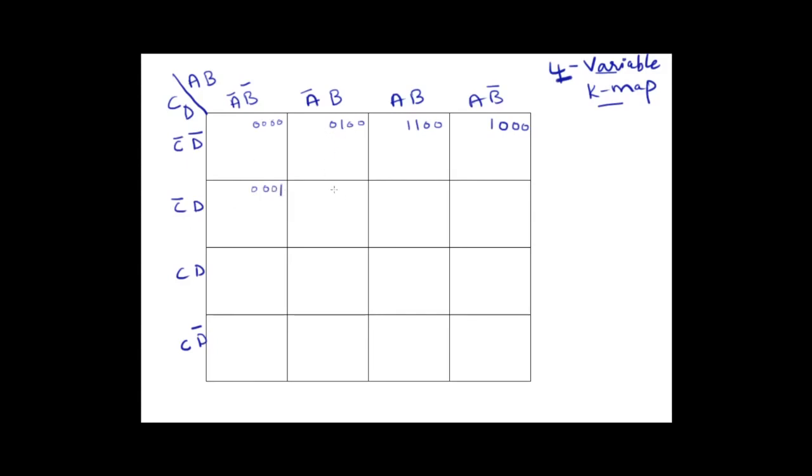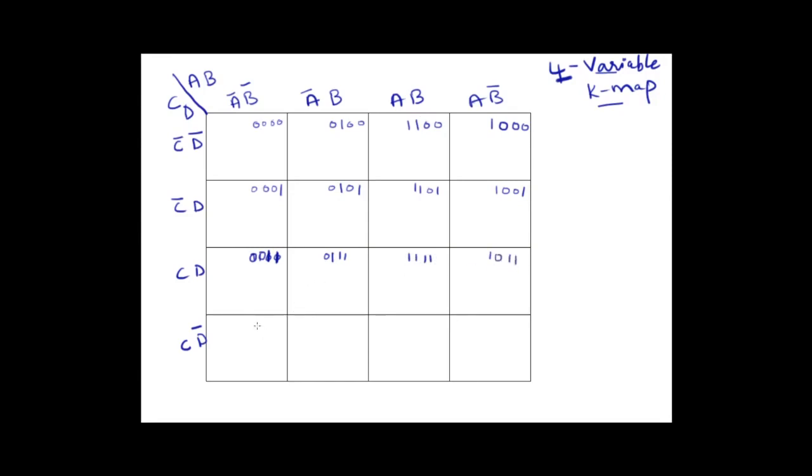A bar B means 0 1, C bar D, 0 1 0 1. This is 1 1 0 1. This is 1 0 0 1. 0 0 1 1, A bar B C D. So 0 1 1 1. A B 1 1, C D 1 1.